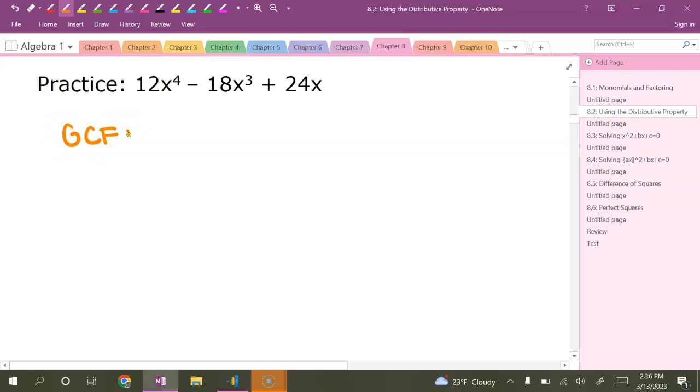So to get yourself started for this first one, you should have found your GCF. So the GCF for this one is 6x, because you can take a 6 out of everything, and the smallest exponent we see is just the x by itself. So we put 6x out front, and what you were left with then was a 2x to the 3rd minus 3x squared plus 4.